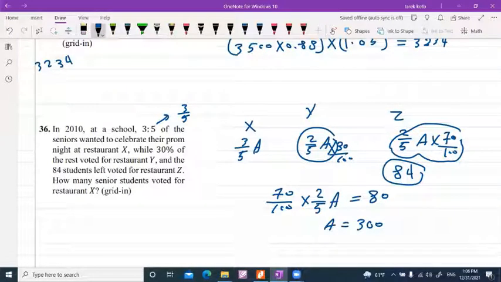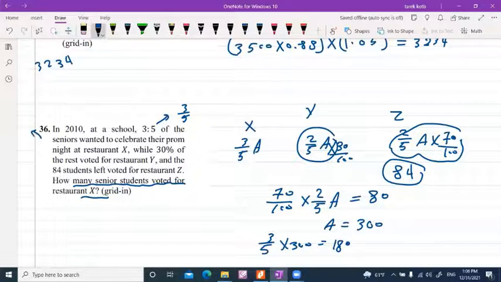How many senior students voted for X? I have to get the 3/5 of the 300, which is 180.